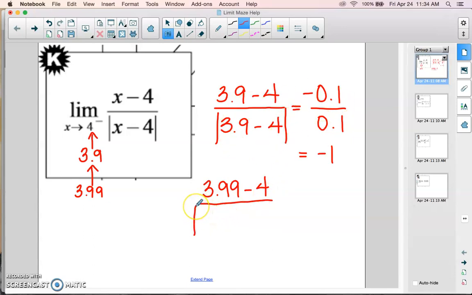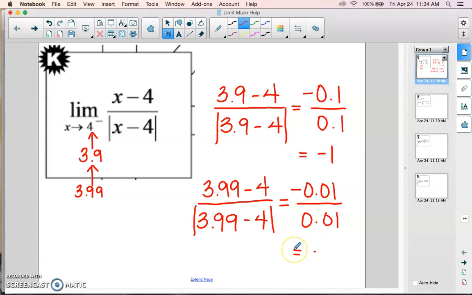So I'm going to pick 3.99, and do the same thing I did with 3.9. The top would be negative 0.01, and the bottom would be the same thing, but the absolute value would make it positive. And so I am getting negative 1 as my answer again. So then that means my limit would be equal to negative 1 for this one.